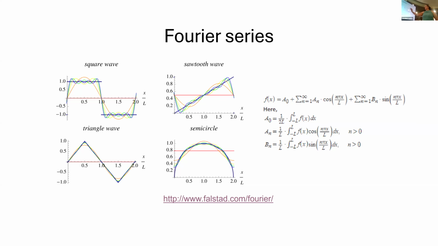It says that given a function f, you can write this function as three parts: a DC shift, meaning where is this function in relation to the zero? Is it exactly crossing the zero, or is it above it? So this is A0, the DC shift.